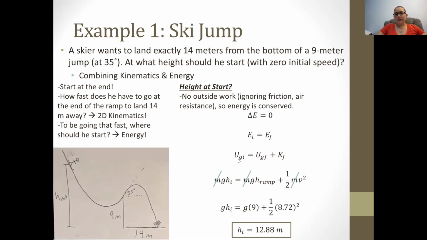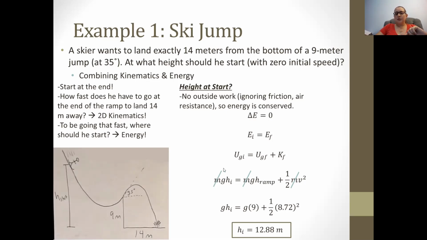So our gravitational potential energy, since he's near the surface of Earth, we can use our simplified equation, mgh. At the end of the ramp, he's still above our reference point, so he still has gravitational potential energy, but he's also moving, so now he also has kinetic energy, right? So mgh, this time the h is the height of the ramp, plus 1/2 mv squared. Now we just found that velocity that he's going, so that's really going to help us here.